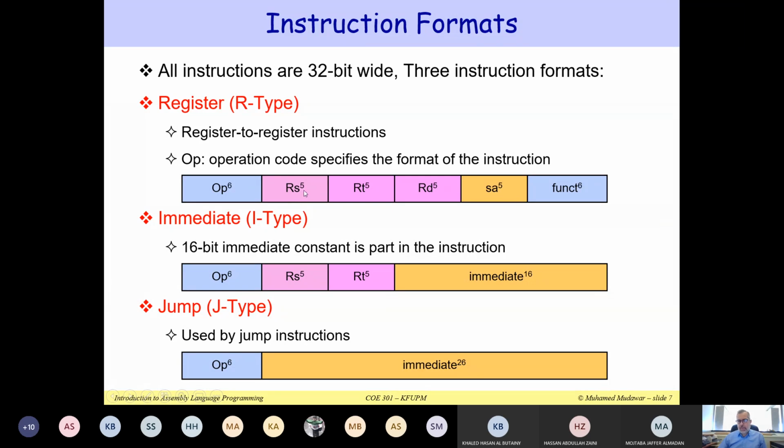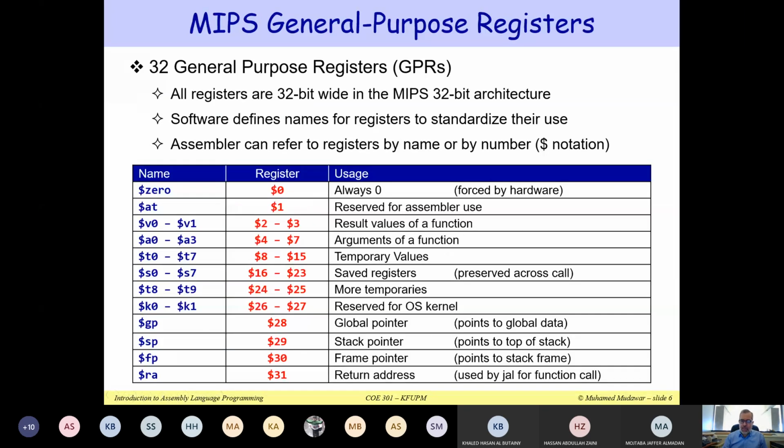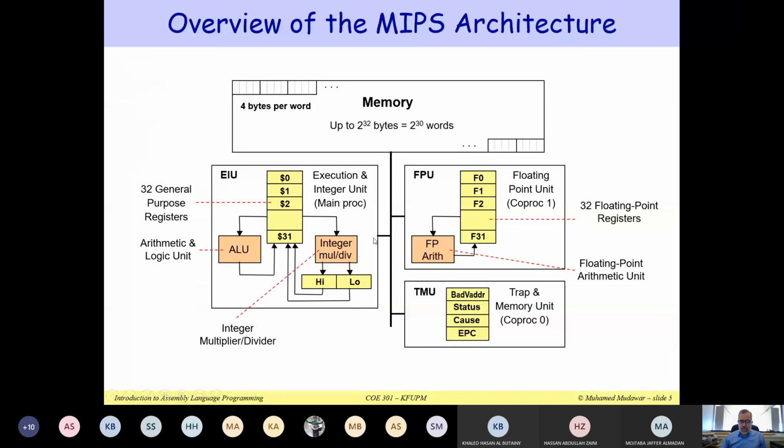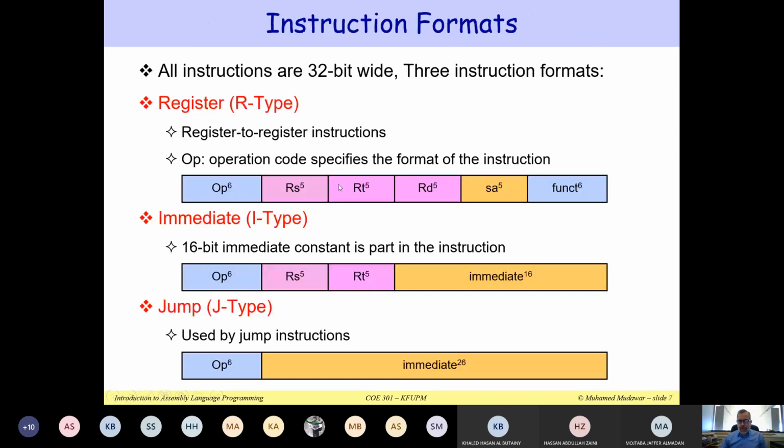We use 5 bits for the field because with 5 bits we can address 32 registers. 2 to the power 5 is equal to 32. Because we have a 5-bit field, we can address the 32 registers shown in the previous slide. So we can specify which 2 registers to read and which register to write using these 5-bit fields.